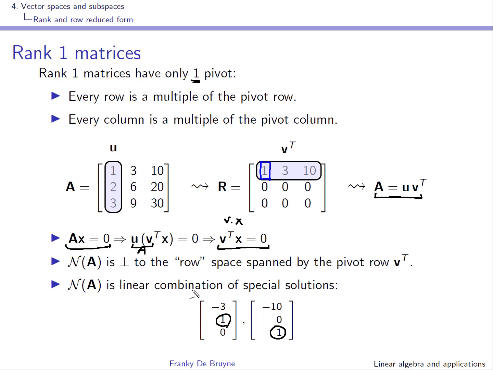And the null space is a linear combination of these special solutions. Okay, and indeed we see that the pivot row is perpendicular to every special solution.